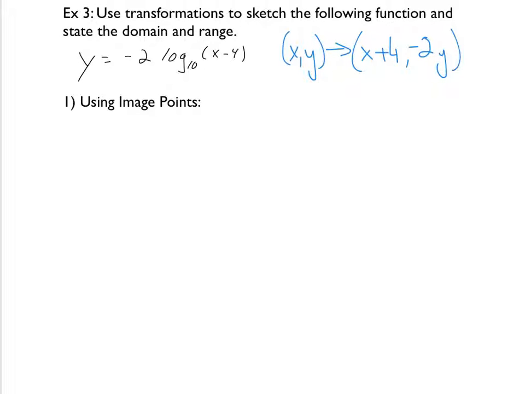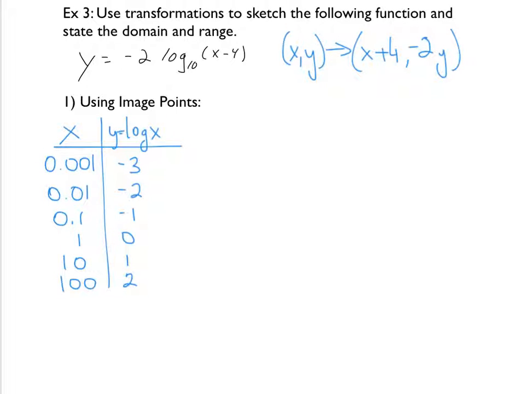Now let's get our table of values for our parent function. Here is our table of values for log x, and that's your parent function. If you notice, when x is 0.001, which is just 1 over 10 to the power of 3, your y value is negative 3.